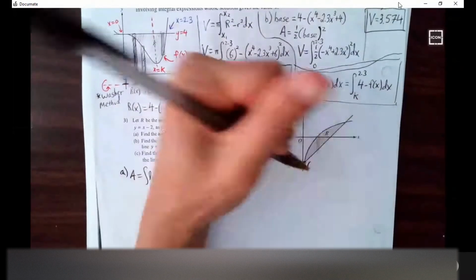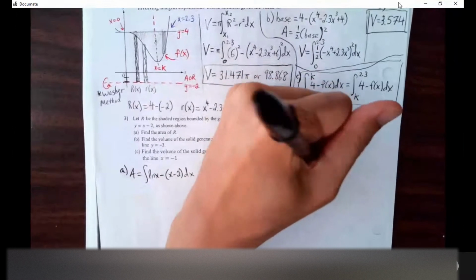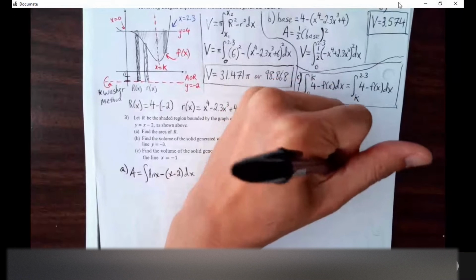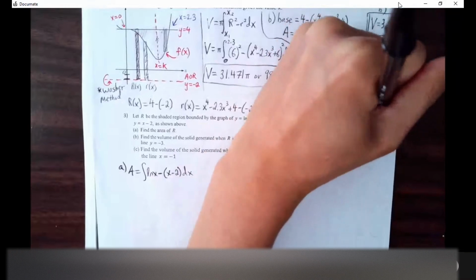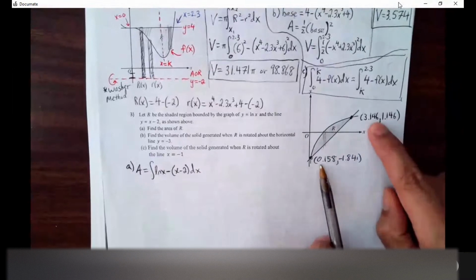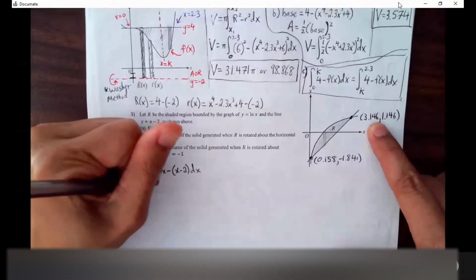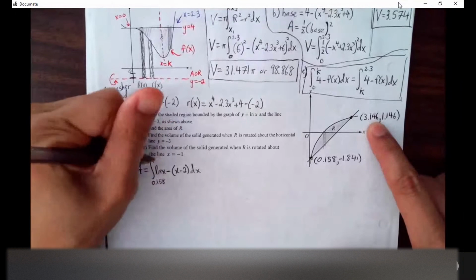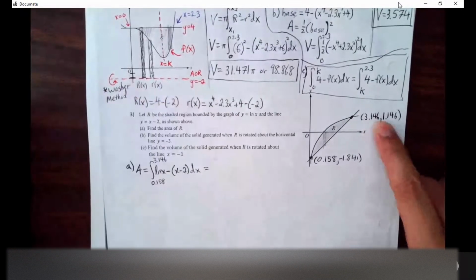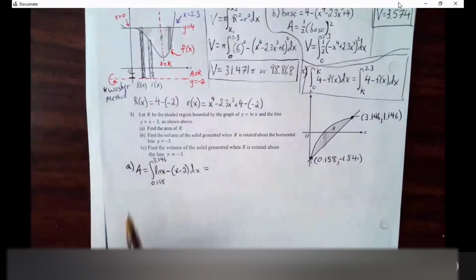We may need the y value later, but right now we only need the x. Okay, so we have our left bound to right bound in terms of x. So we're starting at 0.158 and we're extending to 3.146. Okay, the rest goes in our calculator.